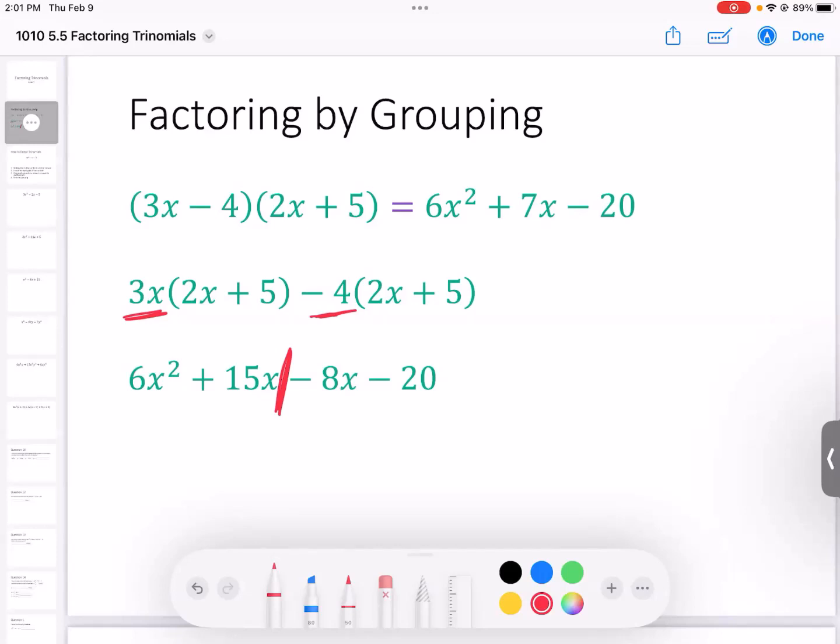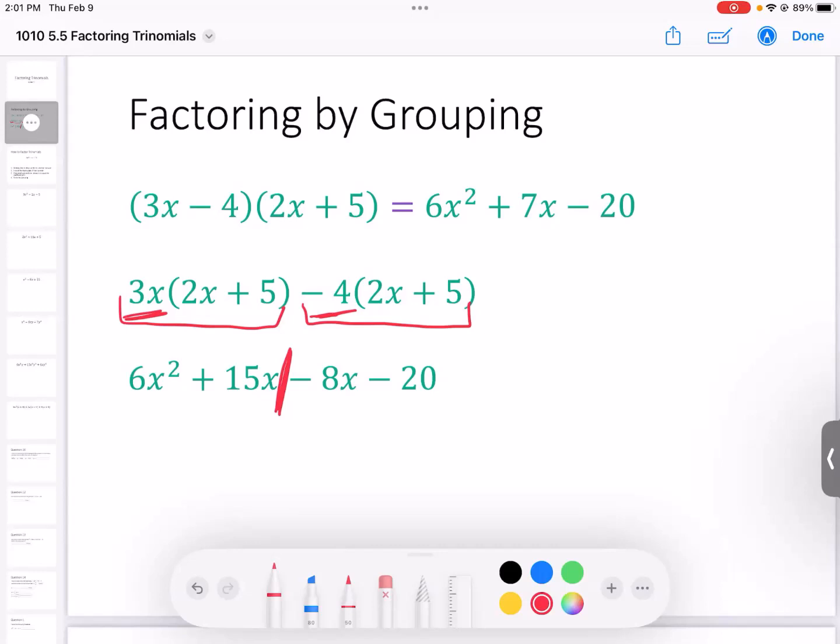And then because you have these two factors in common, you could factor out those common factors, which would leave you with a 3x minus 4. So essentially, factoring by grouping undoes the double distributing that we do when we multiply polynomials together.